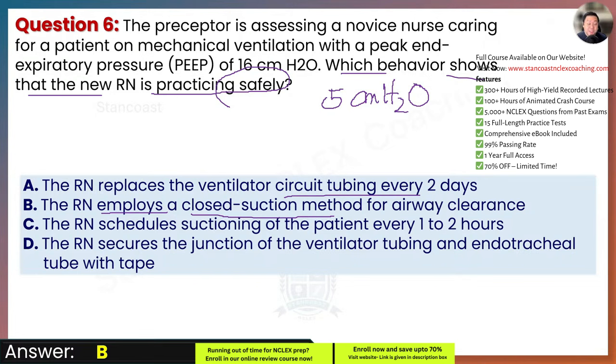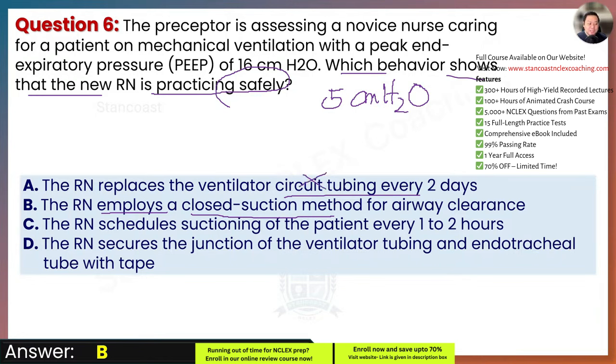And this will also expose the patient to new bacteria. Instead, tubing should only be changed when visibly soiled or if there is malfunction, but not on a set schedule. So this is incorrect.